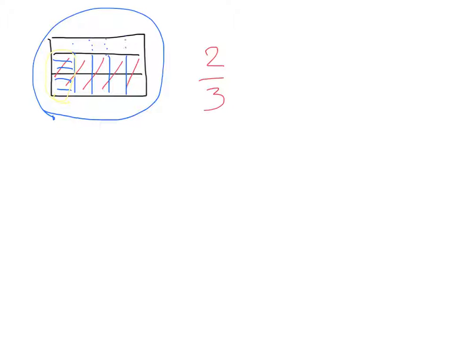So if I extend my fifths out, there is my whole collection, your array, that's a 5 by 3, so it's a 15. So she has 2/15 of her stamps that are from India.